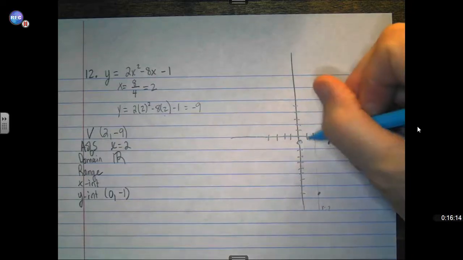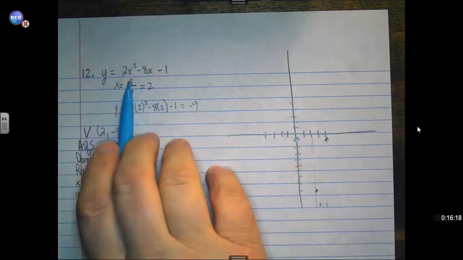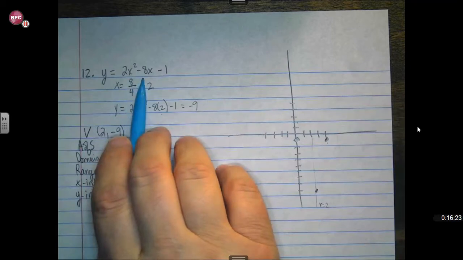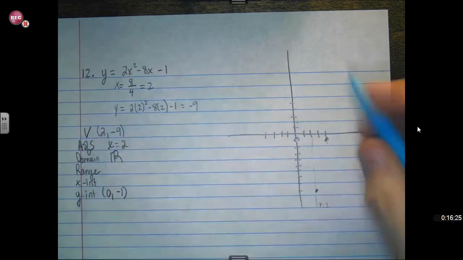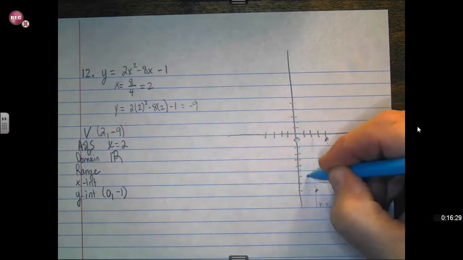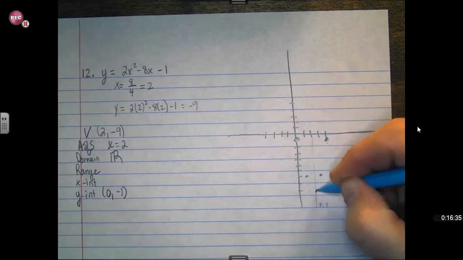So I should plug in 1 to get another point there. If I plug in 1, I'm going to get 2 times 1 is 2, minus 8 is -6, minus 1 is -7. So 2 up from my vertex. Then that puts the other one right here.